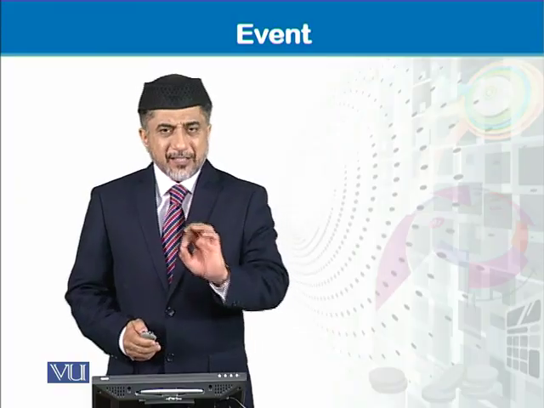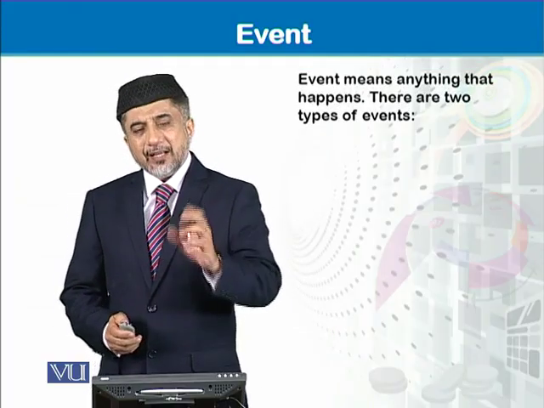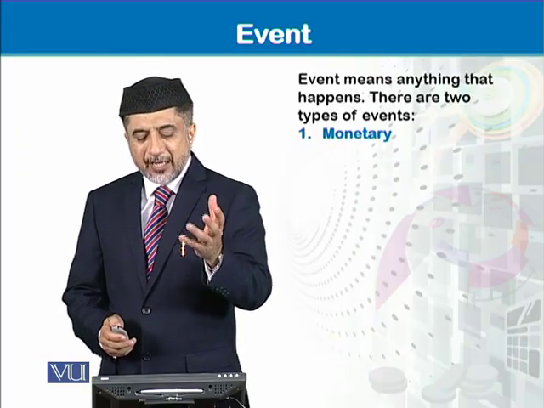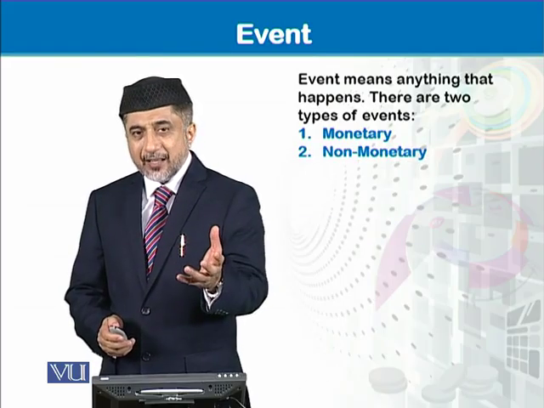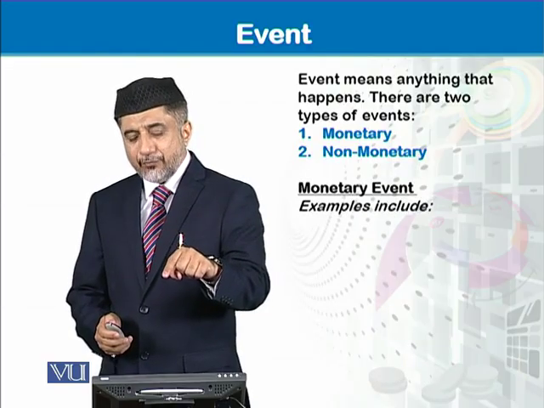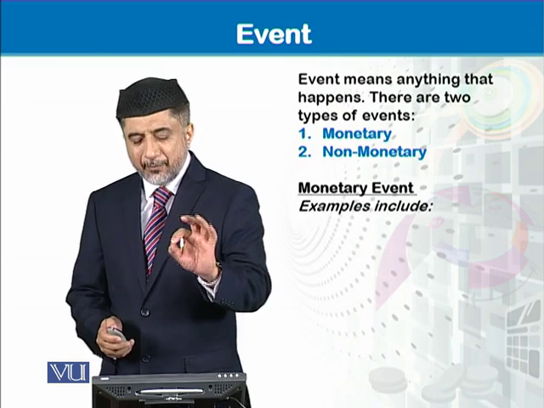Well, the second source of information is event. An event is a happening, which can be measurable in terms of money or non-monetary. But in accounting, we would be focusing on the event which is measurable in terms of money.